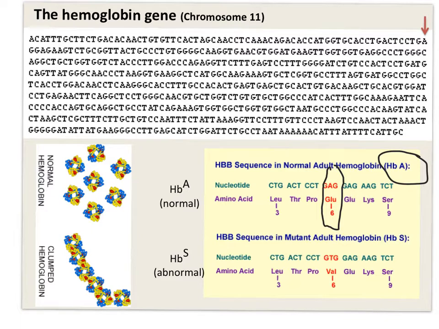Okay, so you can be a sickle cell carrier if you have an HbA and an HbS. You can have an HbA, which means you're susceptible to malaria, and then you can have HbS, which means you're probably going to die before you reach 10 or 15 years old.